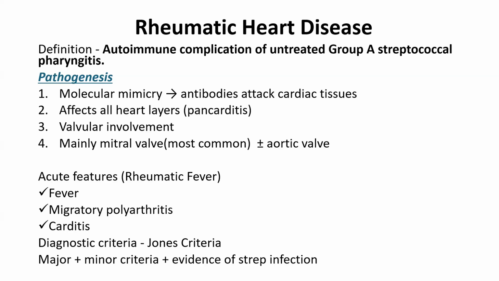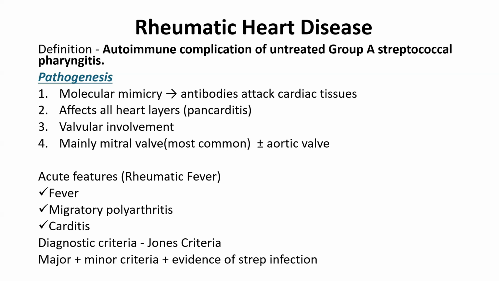The pathogenesis at this point is molecular mimicry. This molecular mimicry is the autoimmune aspect leading to antibodies attacking cardiac tissues, which affects all the heart muscles. Valvular involvement can be there, and the mitral valve, which I told you is the most important one to be affected.